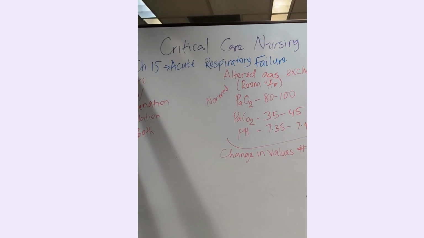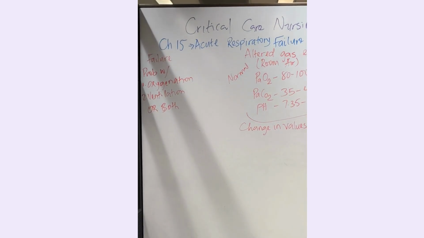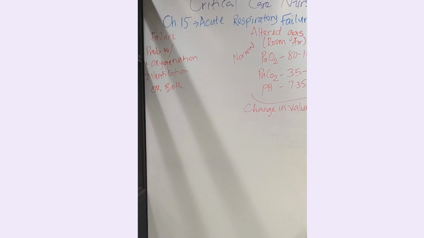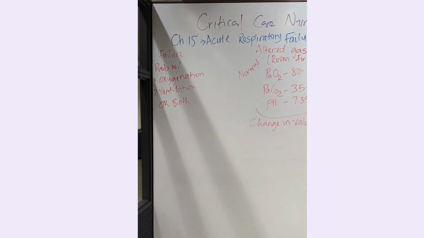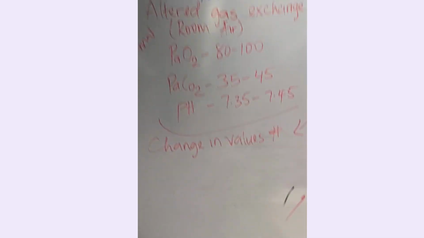So what is acute respiratory failure? Okay, so let's sit on the board. The textbook we use is the Saunders one. I'm going to show you later, but this is the idea. So this is the lungs. Let's say this is the lung. Okay, fine, it doesn't look like the lungs, but I'm not the best artist.